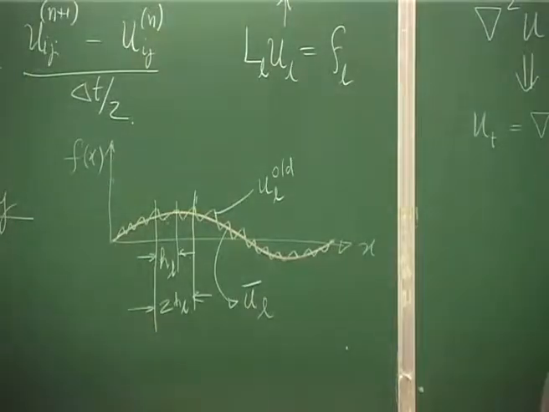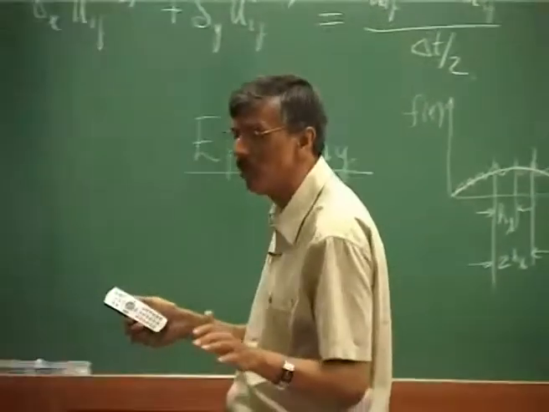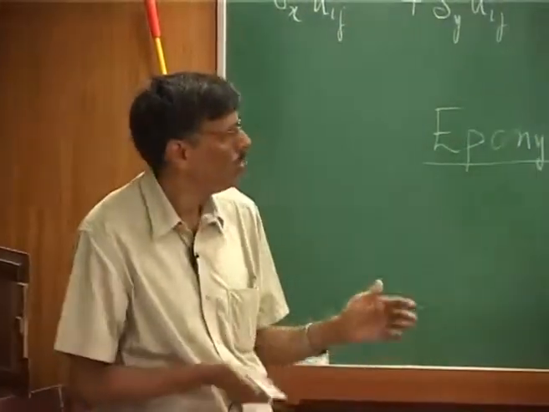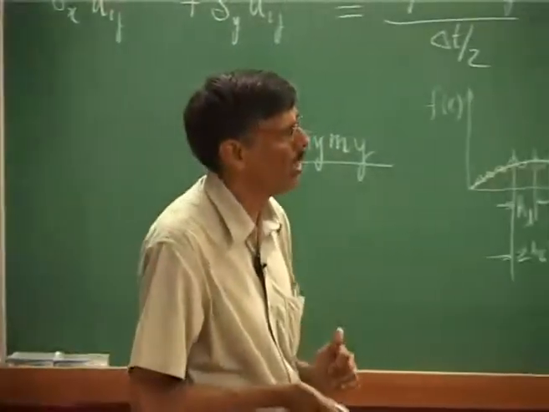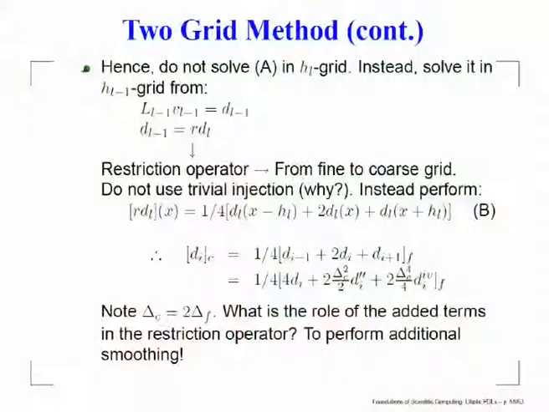So having exhausted those errors at the smallest possible level with the finest grid, we migrate to the next coarser level grid, and that is what is given here. Now, how do we solve this equation? Solving this equation requires the knowledge of this defect at the coarser grid.